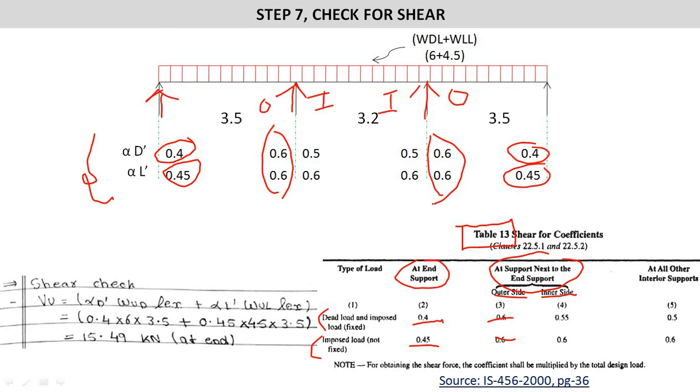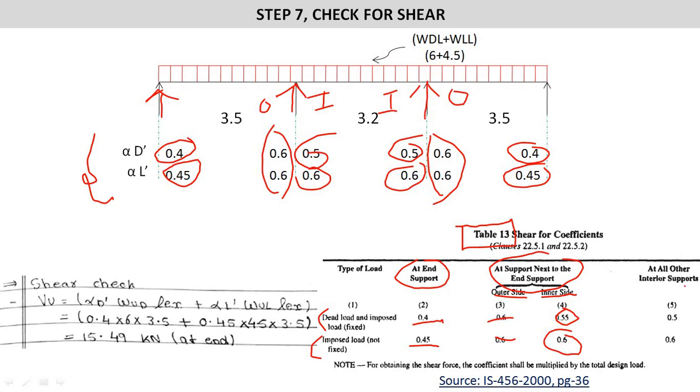Now let us see the inner side. The inner side has the dead load coefficient as 0.55, and it has the live load coefficient as 0.6. So 0.55 and 0.6. Here I have made a mistake, it will be 0.55.